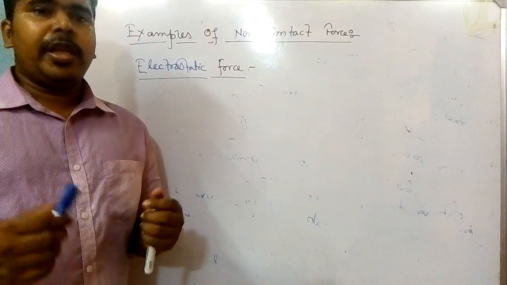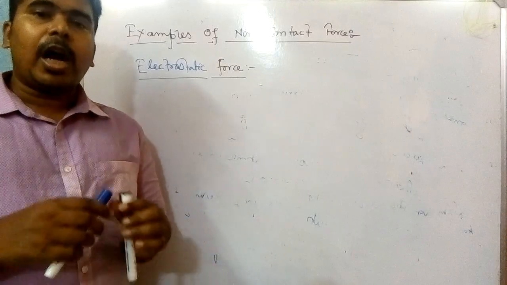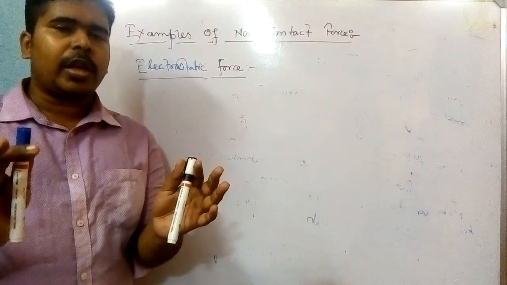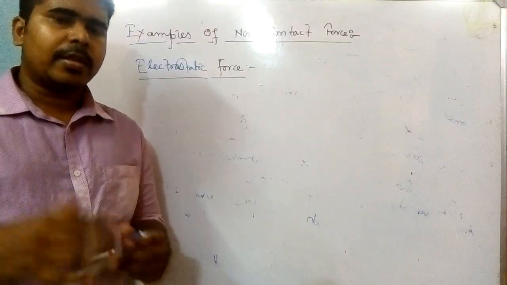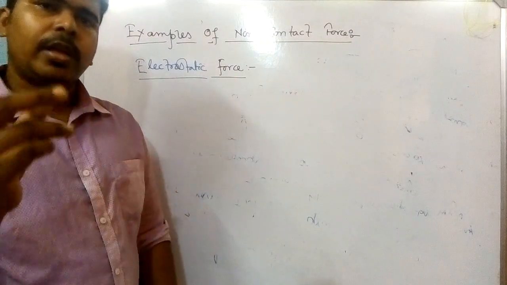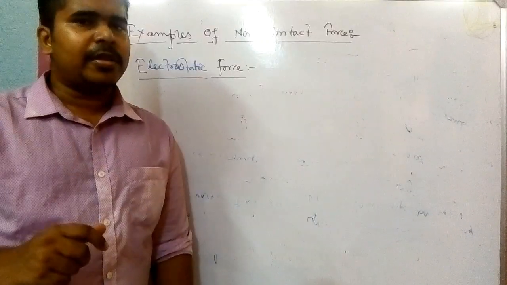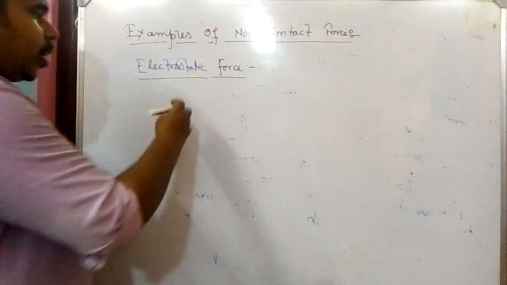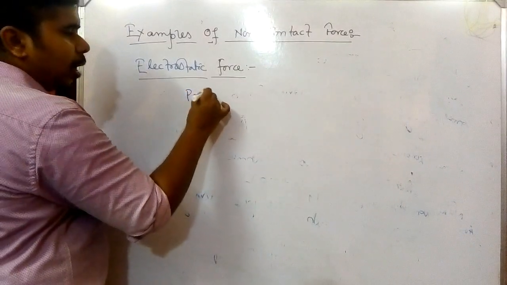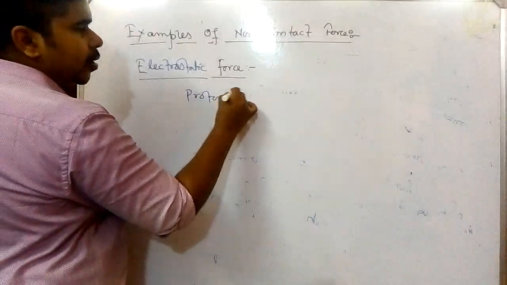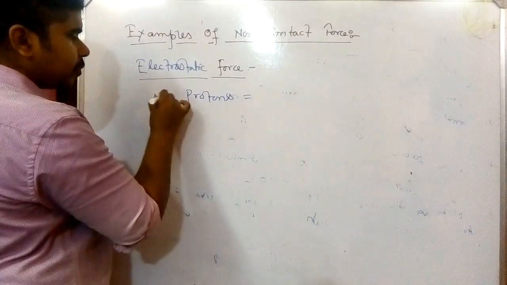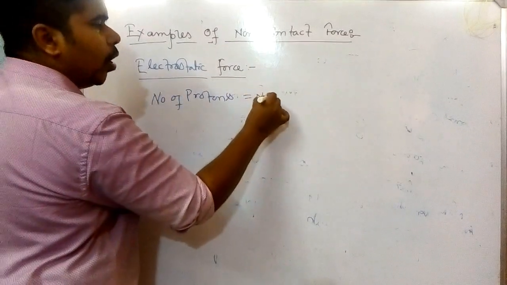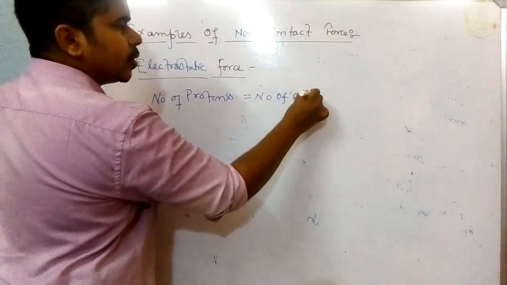Initially an object is uncharged because there is no net charge inside. Now you might ask, sir, inside there is proton and electron, and you have told there is no charge. No. In a body, the number of protons is equal to the number of electrons.